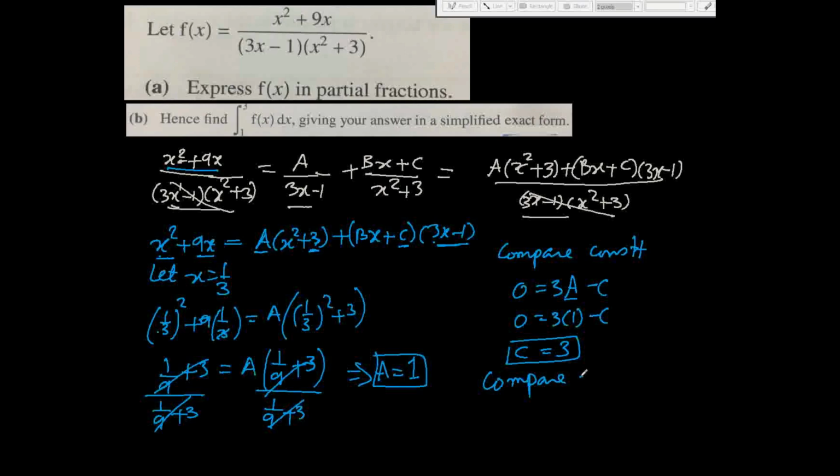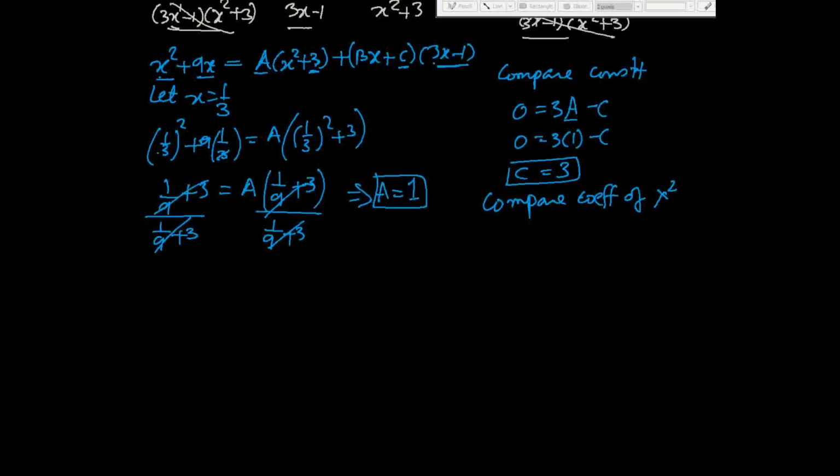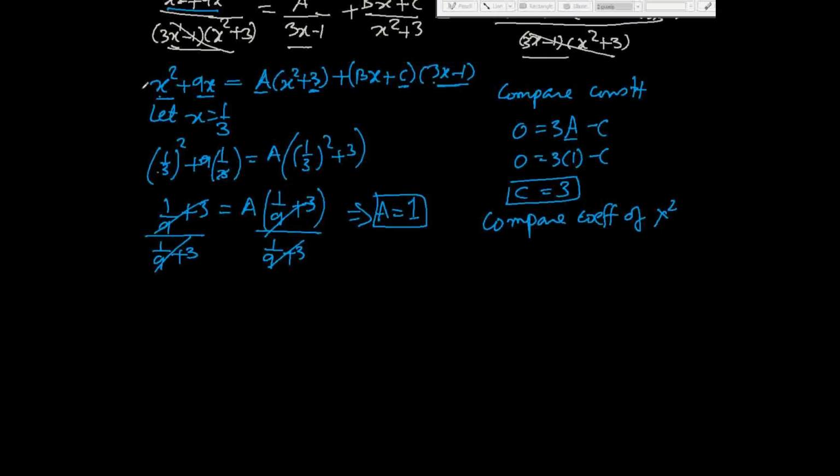Now to find B, we can compare coefficients of x squared or x. I'm comparing coefficients of x squared. On the left side, what is the coefficient of x squared? 1. On the right side, Ax squared, this will be 1. I'm not writing x squared on both sides because I am comparing coefficients only. Bx times 3x will also give us x squared, so that will be 3B.